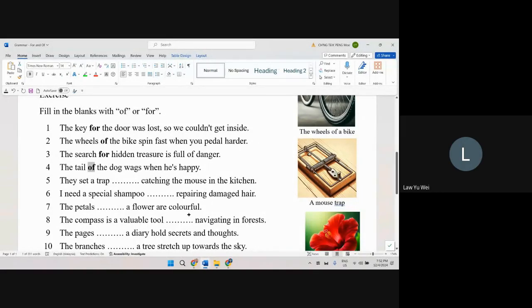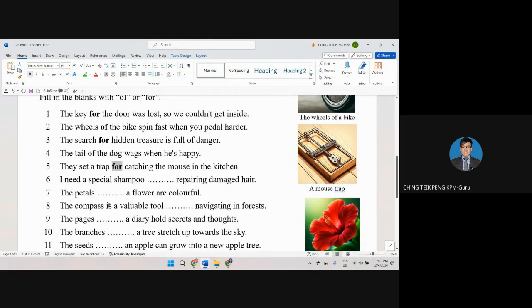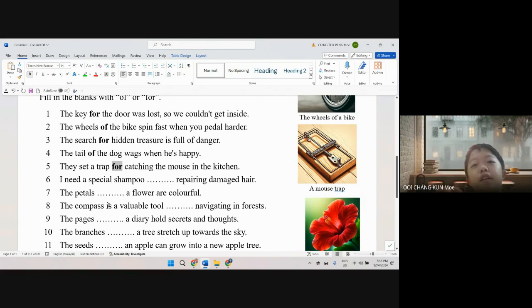And then number five, Yue. They set a trap for catching the mouse in the kitchen. Yes, they set a trap. And then what is the function of the trap for catching the mouse in the kitchen? So look at the picture here, the trap. That's a trap, yeah? So what is the function of the trap? Yes, Changkun? Teacher, the picture didn't have cheese at the trap.